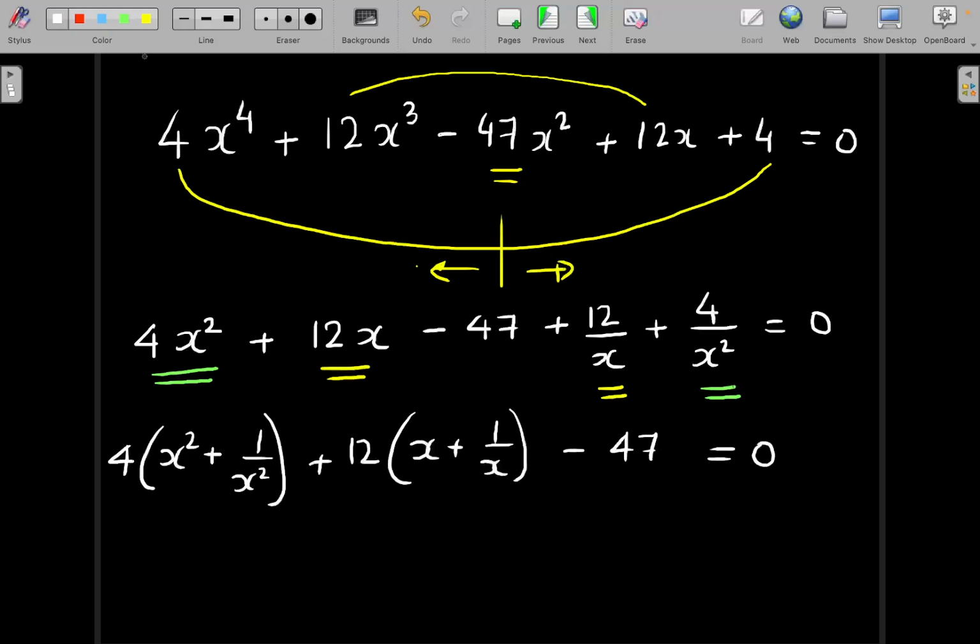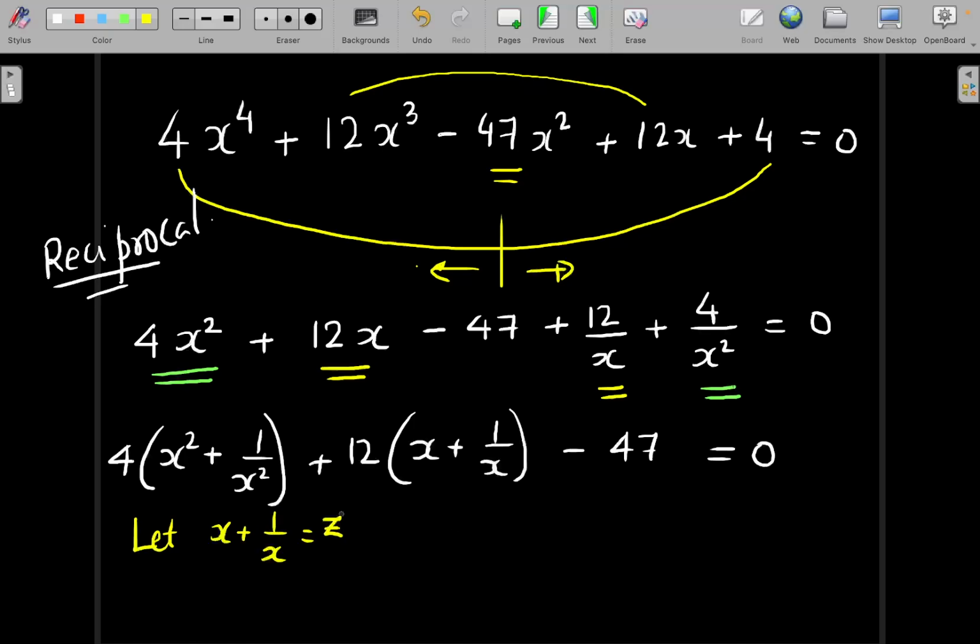At this stage, by the way, such equations are called reciprocal equations, and even order reciprocal equations can be handled in the way that I am writing it down. Now, what is the substitution here? The substitution is, let x plus 1 over x equal to, let's say, z.